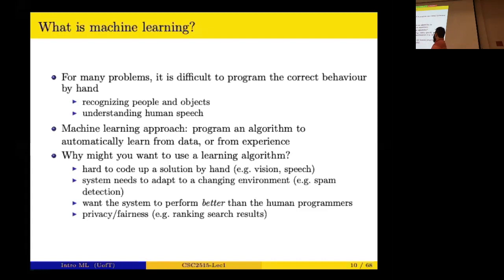Also, maybe you want to actually perform better than what a human can perform, or maybe a human can write that code to perform that thing. And there are issues related to privacy or fairness. For example, when you write a code solution yourself, you probably induce the biases that you have into how to solve this specific task.